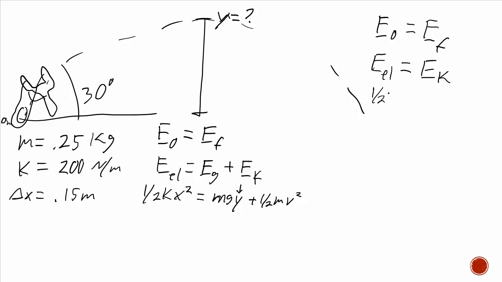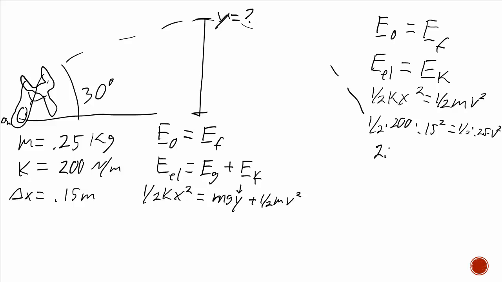So we've got 1/2 kx squared and 1/2 mv squared. If we plug in our numbers here, we're going to have 1/2 times 200 times 0.15 squared equals 1/2 times 0.25 times v squared. This side of the equation works out to be 2.25 joules of energy equals 1/2 0.25 v squared.